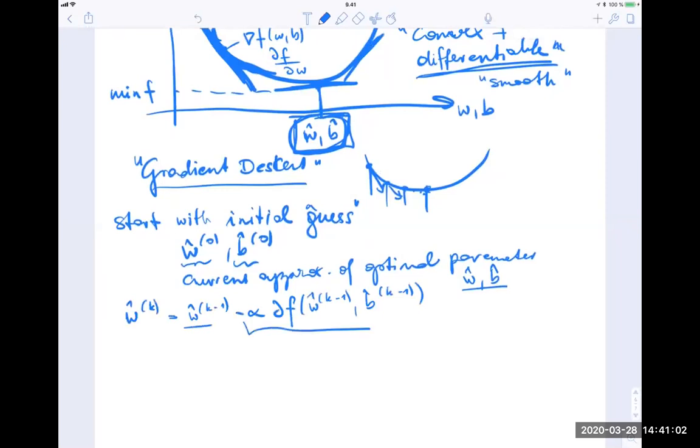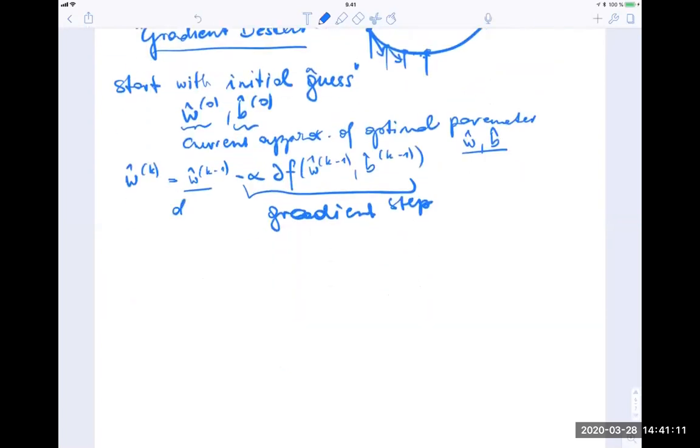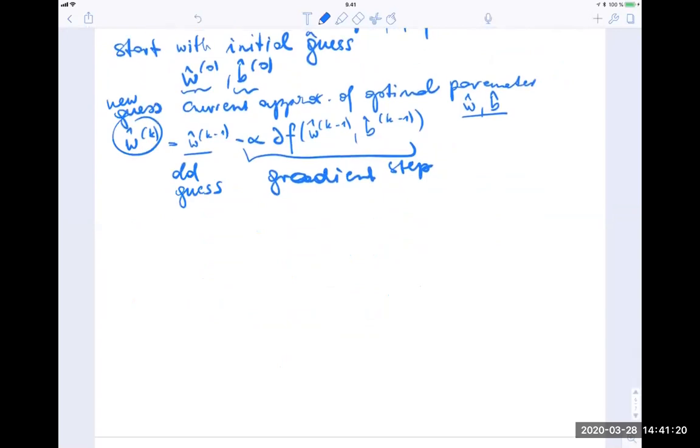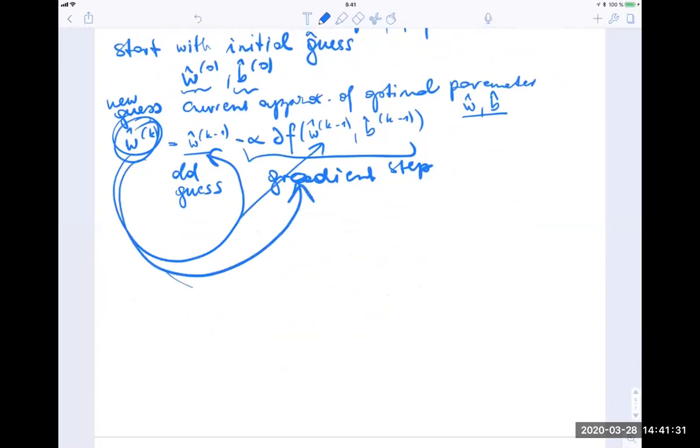So this is the gradient step. This is the old guess. And this is the new guess. And we repeat this. We plug this in here and here. We get a new value here again. Then we go in circles, so to say, and we construct a sequence of estimates.